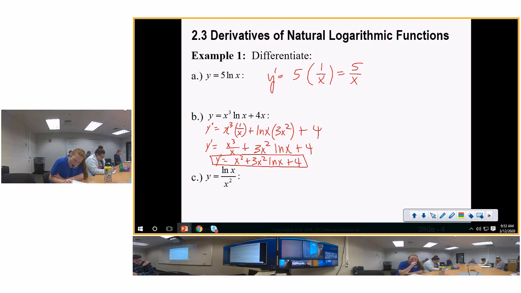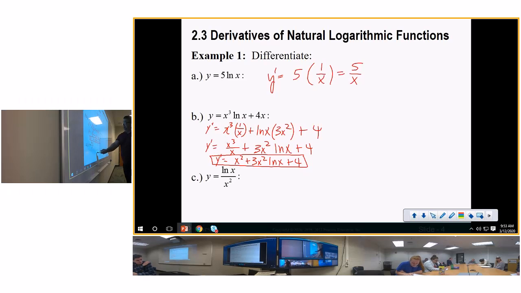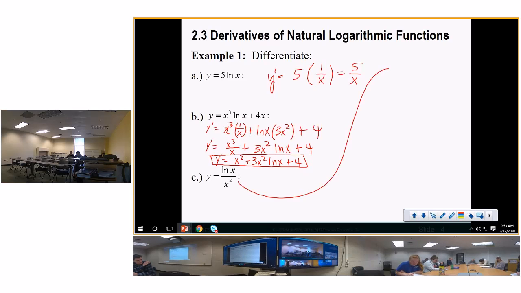Here, use the quotient rule. I'm going to bring the quotient rule over here. And that's going to be denominator times the numerator prime minus the numerator times the denominator prime over denominator squared.